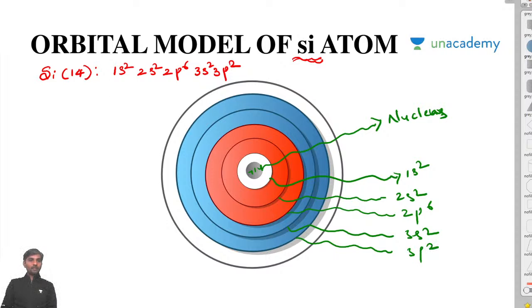What does it mean? Here you will have only 2 electrons in 3p2, and 3s2 also will have only 2 electrons.